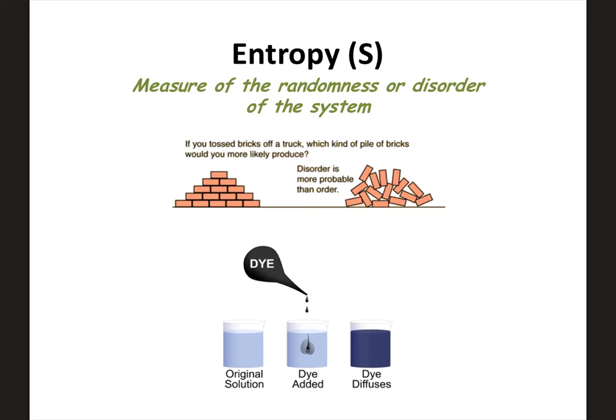Same idea here if you took dye and added it to a solution. Over time, that dye is going to diffuse and spread out in the solution on its own because that makes it more disorganized, essentially. It's spreading out. All right, it's becoming more disordered, which is preferred in nature.